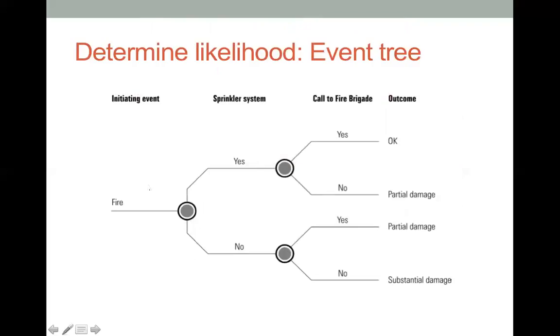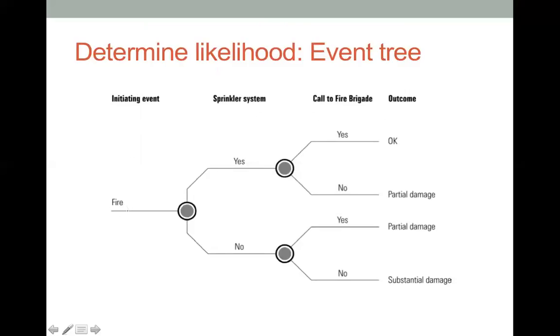Some scholars also suggest looking at a number of elements for likelihood. If you look at this slide, you can also refer to your study guide. We have the initiating event, sprinkler system, call to fire brigades, and outcome. A few other things happen after the initiating event.